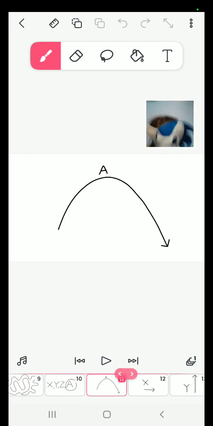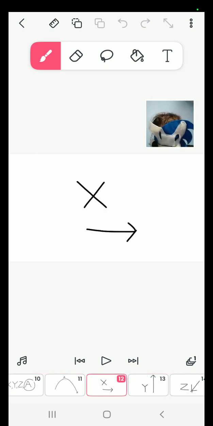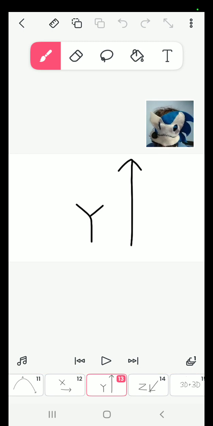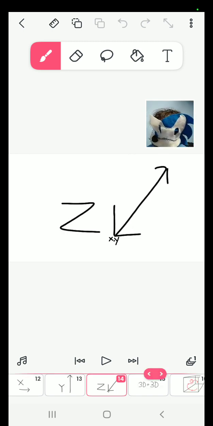It's a curve. So I call this curve A curve. So this right here could be the fourth dimension. As I mentioned, we have X, a straight line, Y, a straight line, Z, a straight line.